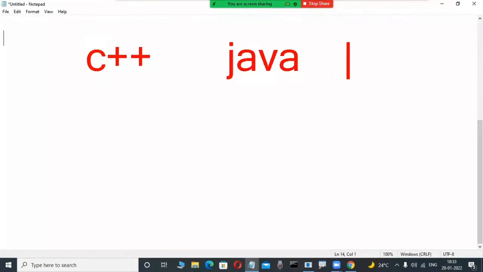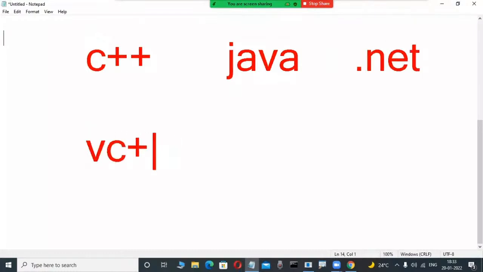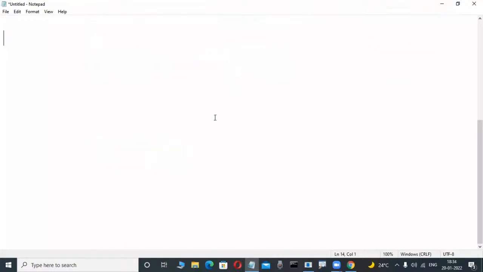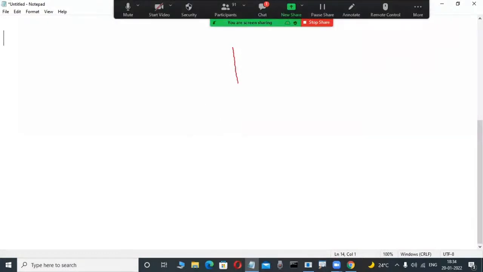C# .NET is an object-oriented language. VC++ is an object-oriented language. Suppose I take two languages as an example. Through them, with similar concepts, we will observe whether these SQLs are different or the same.